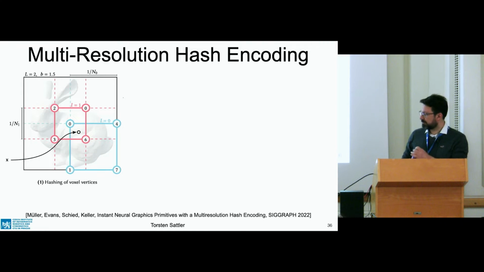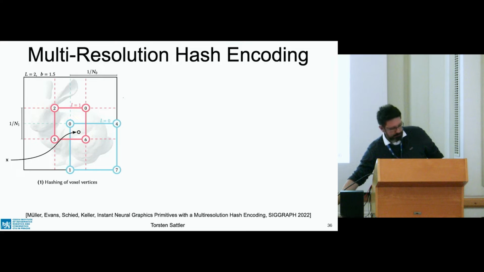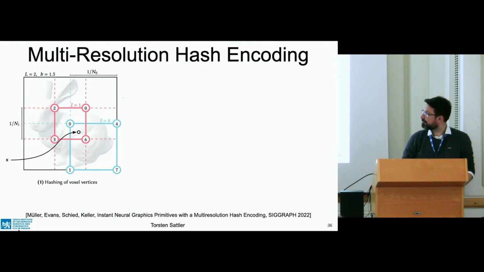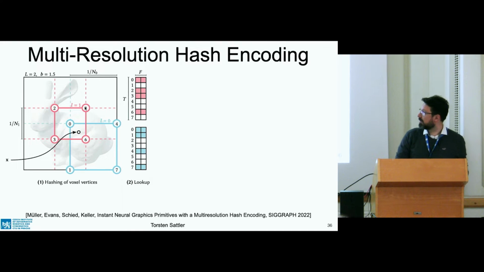So the idea is pretty simple. You have multiple grids that subdivide the scene. For each corner, you hash the point position into a value in a hash map, and you store a short feature vector in that position. And you do this at multiple resolutions.